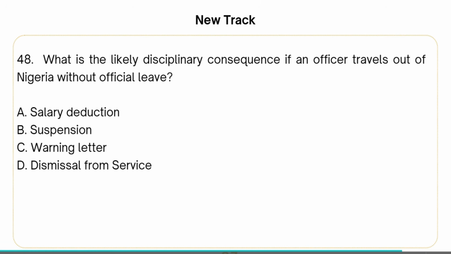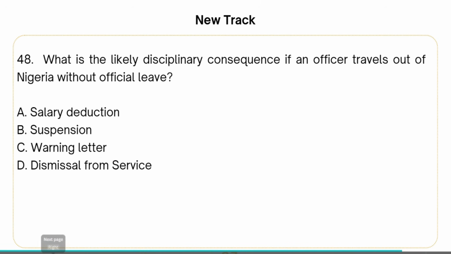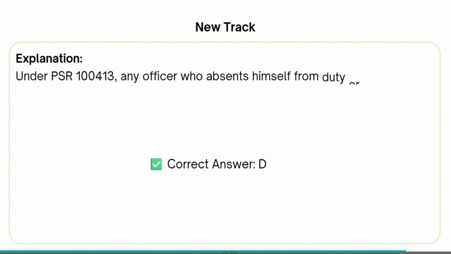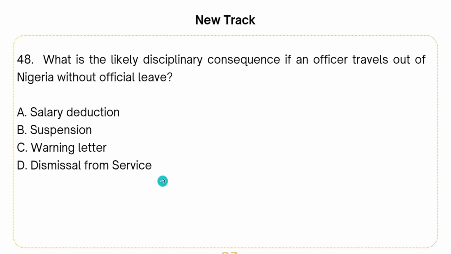Question number 48. What is the likely disciplinary consequence if an officer travels out of Nigeria without official leave? A. Salary reduction, B. Suspension, C. Warning letter, and D. Dismissal from service. The right option is option D, dismissal from service.